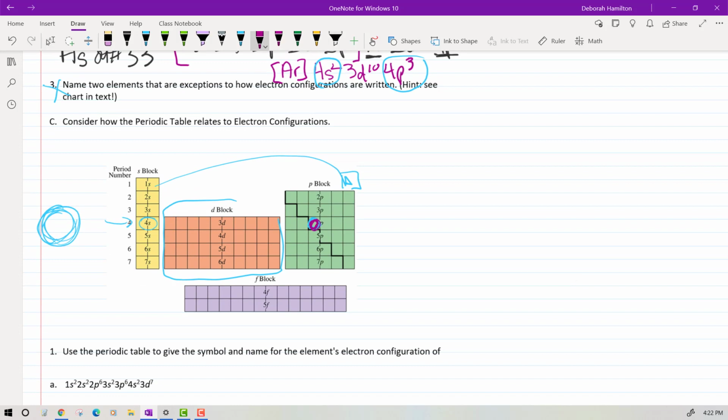And if you count the blocks across in the f block, there are 14. That's because 7 orbitals for f block, 14 electrons; 5 orbitals in the d block, 10 electrons; 3 orbitals in the p block, 6 electrons.